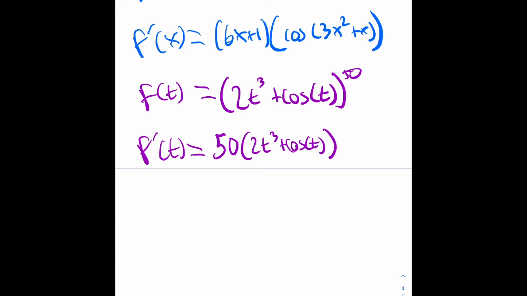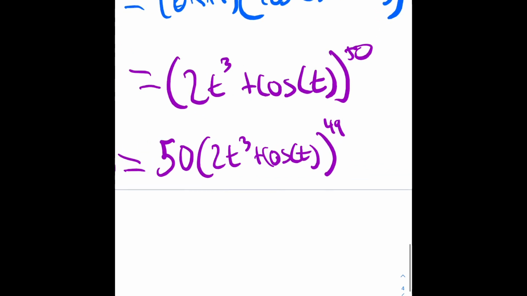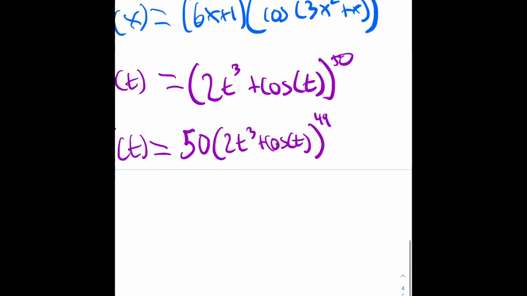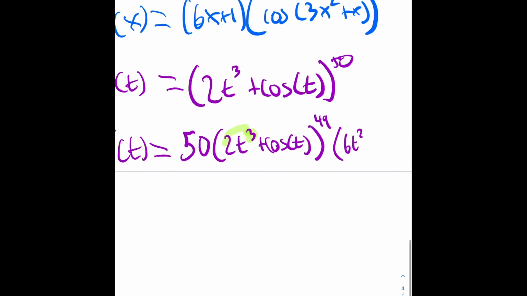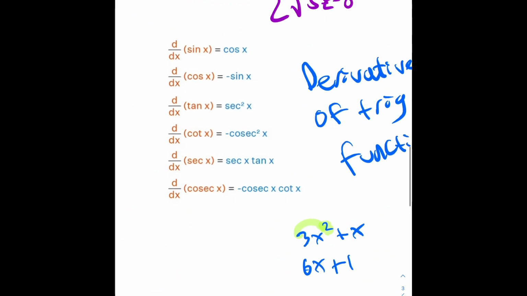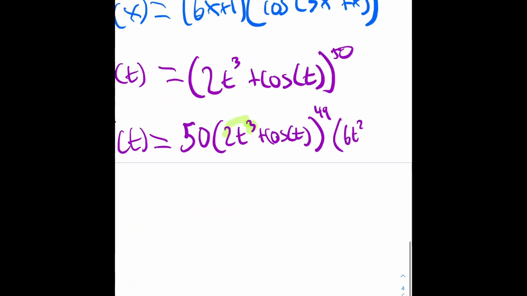And then 50 minus 1 is 49. Now I have to take the derivative of the inside. 2t to the third, I can use the power rule, so this is going to give me 6t squared. The derivative of cosine is negative sine. So 6t squared, I'm going to use parentheses so I don't forget that it is multiplied by a negative, not subtracted.